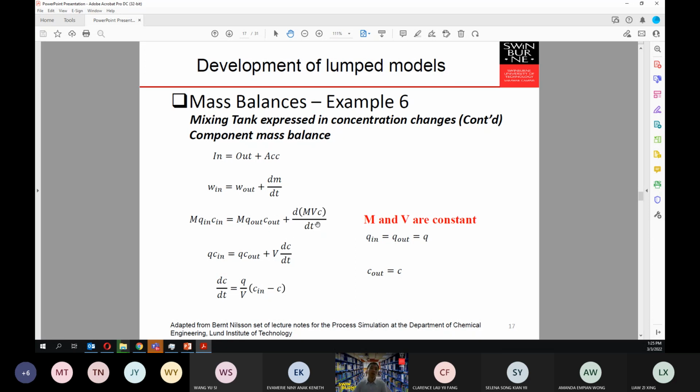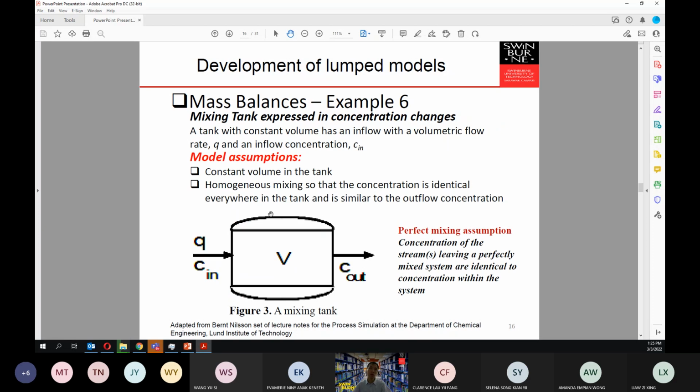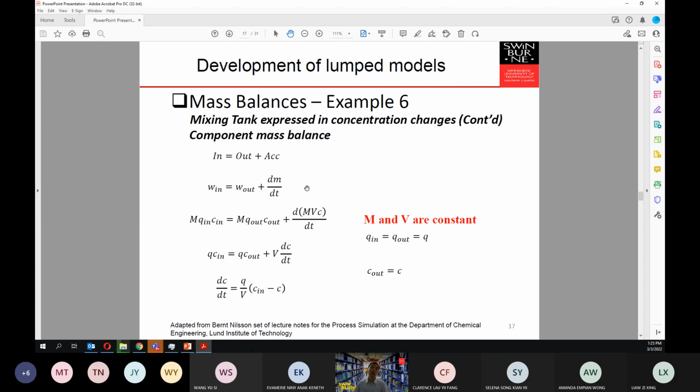Then we also assume that M and V are constant. That's why we can cancel this M in here, and because V is also constant, like what we took before, a constant volume in the tank, right? So we can have this final expression, which basically tells you the change in the concentration with respect to time.